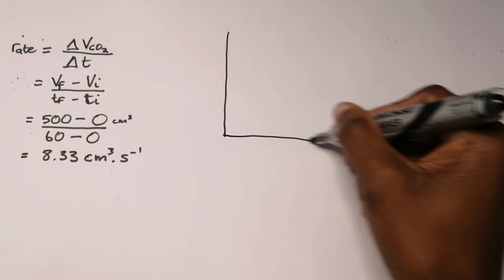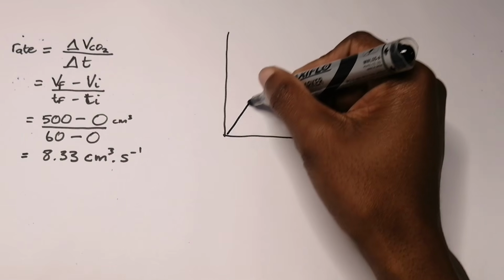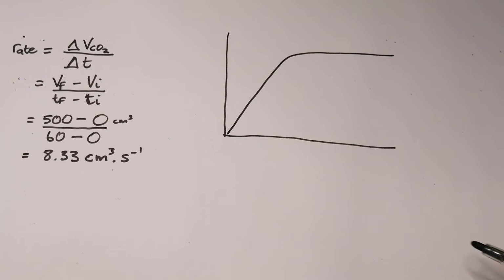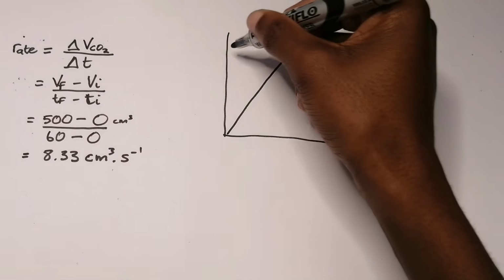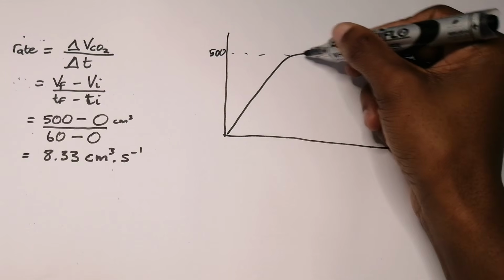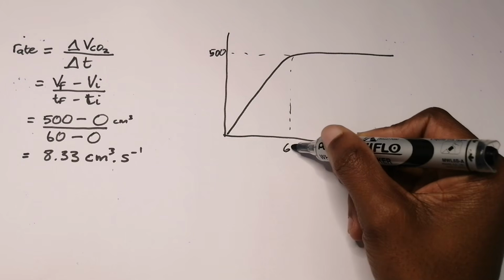So if that graph looks like this, this is for experiment A, where we were using granules. Now remember, we reached 500 cubic centimeters within a space of 60 seconds.